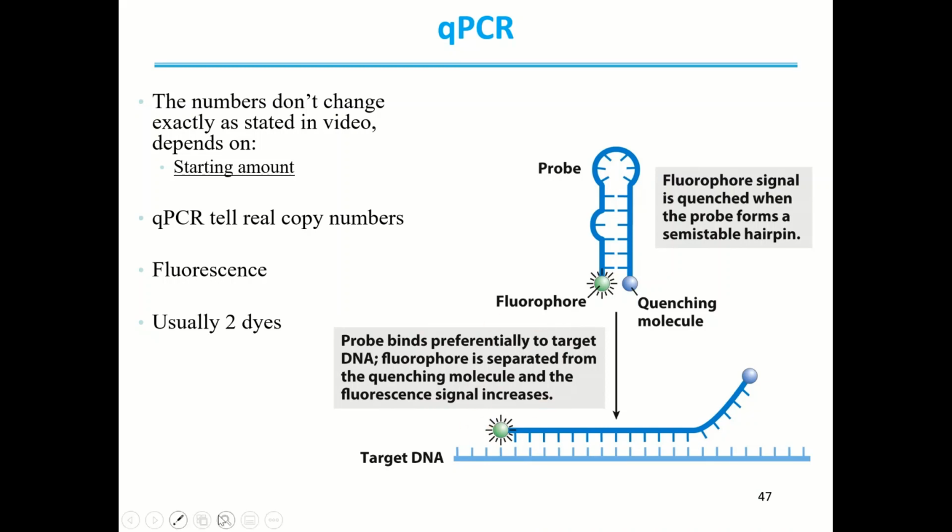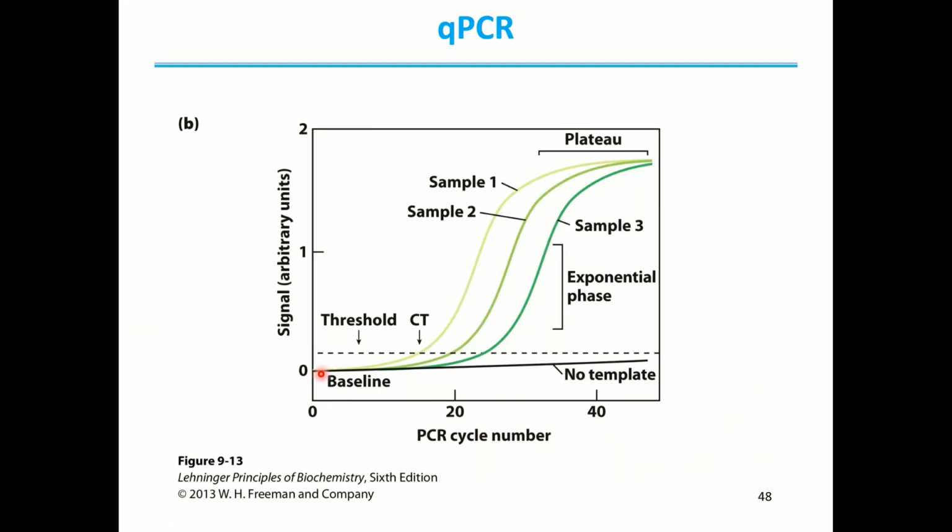Okay. And what your signal looks like in qPCR is shown here, right? Typically on the x-axis is your PCR cycle number. You do a number of cycles, and your fluorescent signal will slowly grow in as the amount of target is amplified, and it follows a sigmoidal curve.